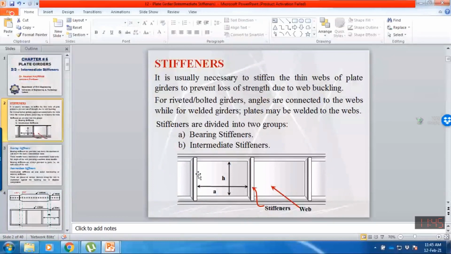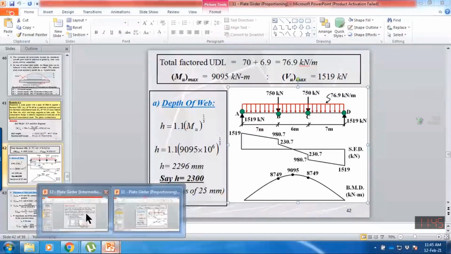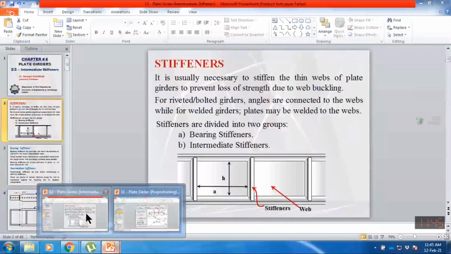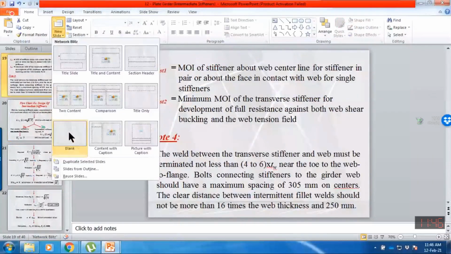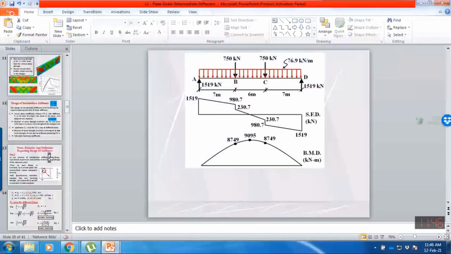Let me copy this, and similarly I need to copy the web panel also, just to make this diagram simpler.